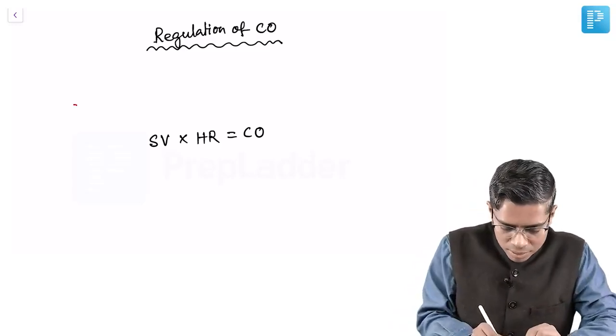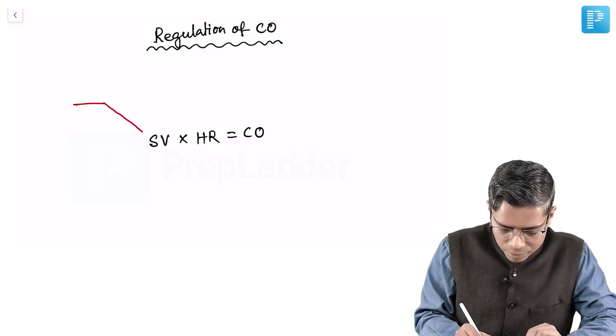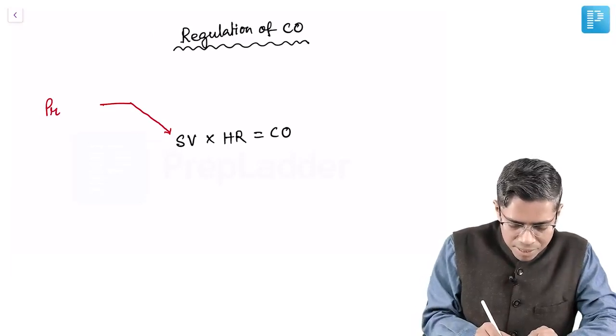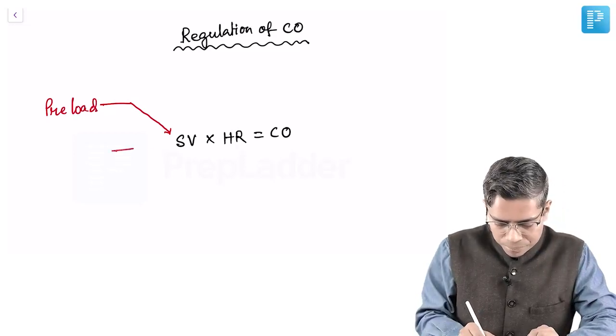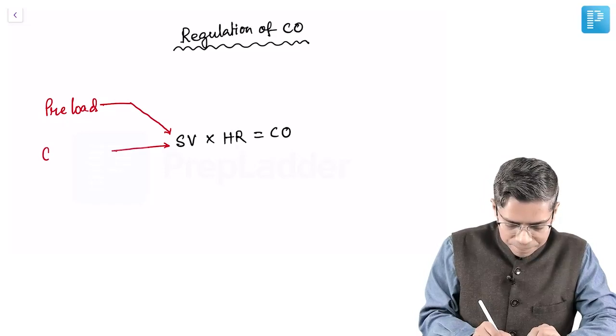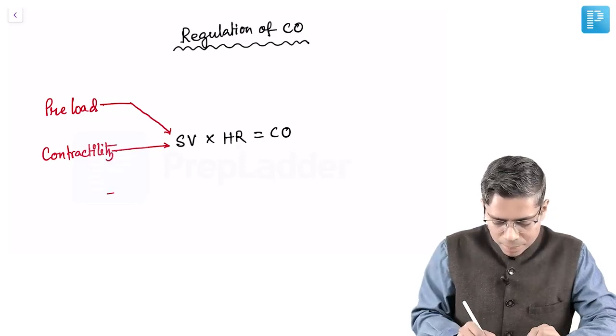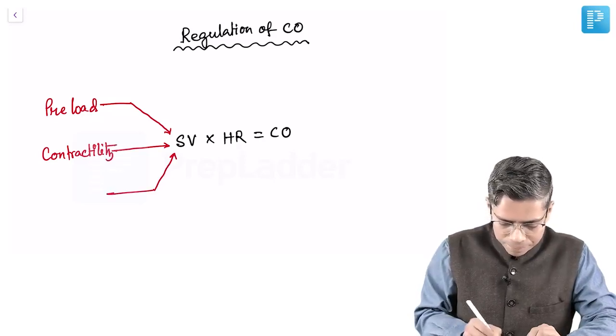So, three factors I have to remember which are going to change the stroke volume. Number one, preload, right? Number two, contractility. And number three, afterload, right?